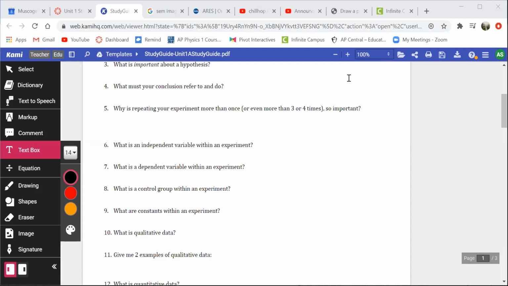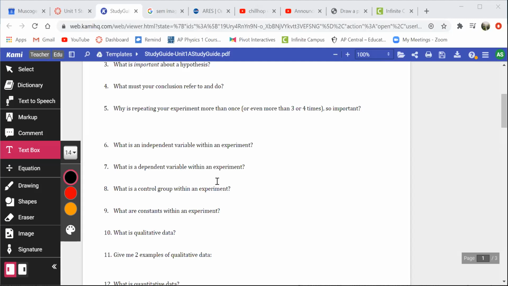All right, so as you change something, you are going to actively be watching your dependent variable to see how it responds to that change. So the way I like to think about this is that the independent variable is the one you change, and the dependent variable is the one that you measure. All right, so you're going to be measuring some change in that dependent variable as a result of what you did to the independent variable.